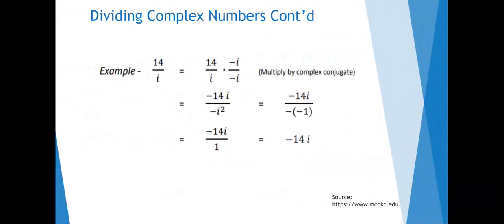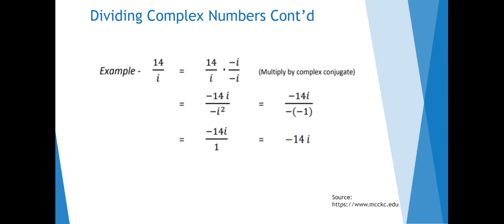Now, next problem, 14 over i. The complex conjugate is negative i, since the number is positive i, and if the number was positive i, the conjugate would be negative i. So over here, 14 over i times negative i over negative i. Again, we're multiplying by the conjugate because we're trying to get rid of the square root from the bottom.